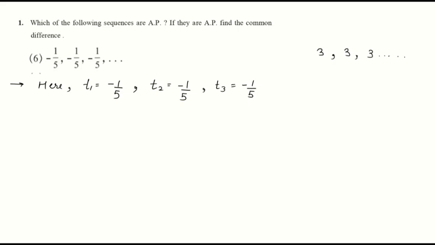Here we would have taken T1, T2 and T3 as the number 3, and if we subtract T1 from T2, we will get 3 minus 3, which is 0. If we have the same number in a given sequence, the difference we get is 0.